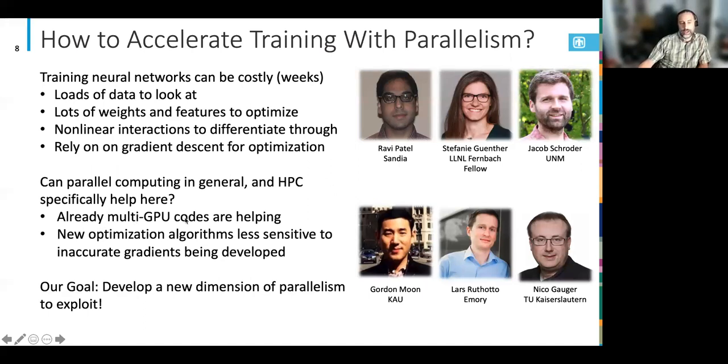And already, these GPU codes are really helping. And I'm really enthusiastic about the degree of optimization algorithms that we're seeing being developed both here and elsewhere, as an opportunity for both faster training, but also the opportunity to introduce different levels of parallelism, different approaches to parallelism. So the rest of the talk will really concern this layer parallel idea specifically.